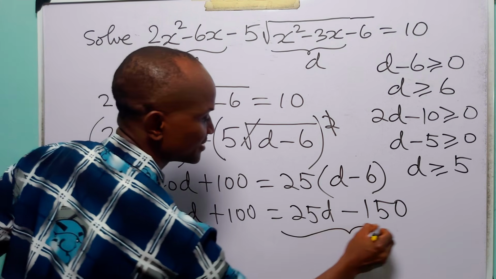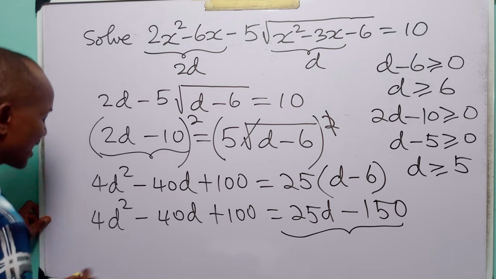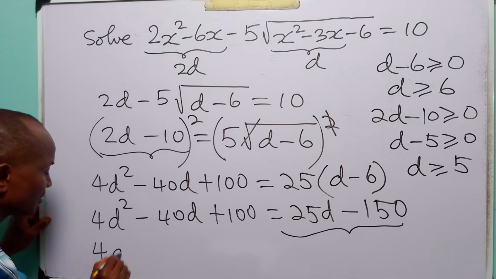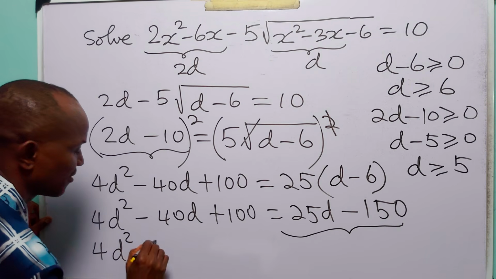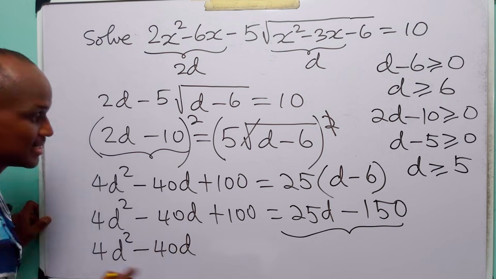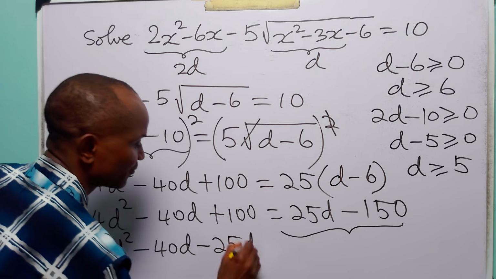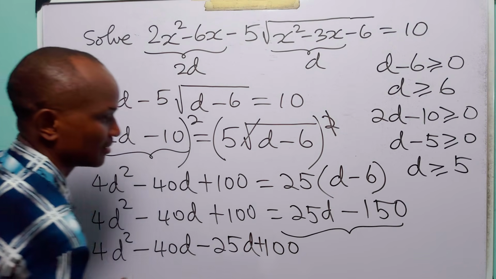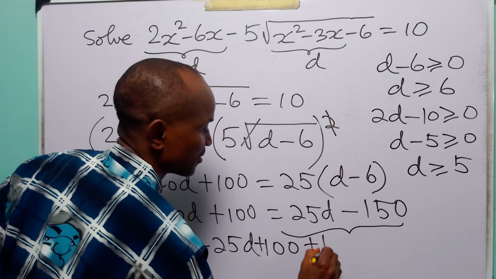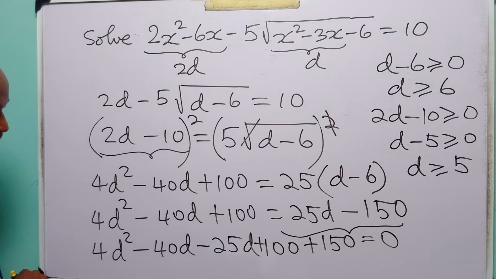And moving these two terms over to the left-hand side of the equation, we have 4d squared minus 40d minus 25d plus 100, and of course plus 150 is equal to 0.